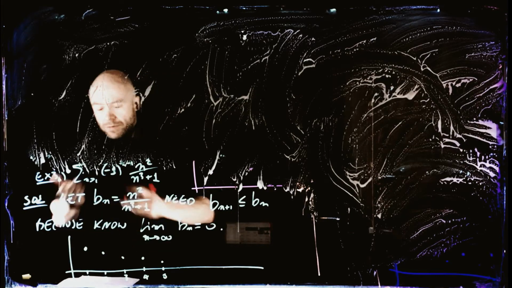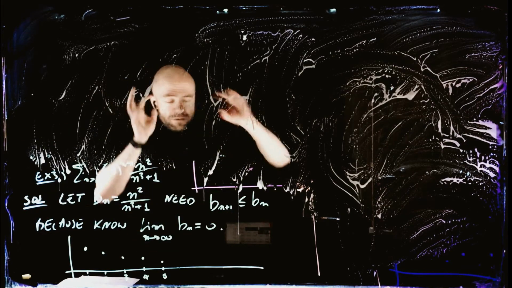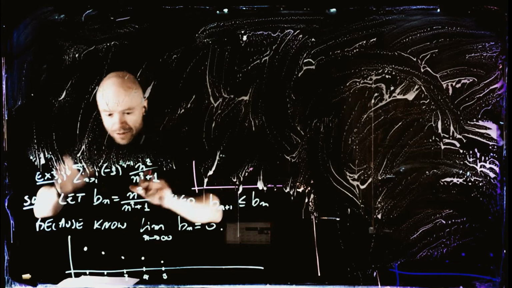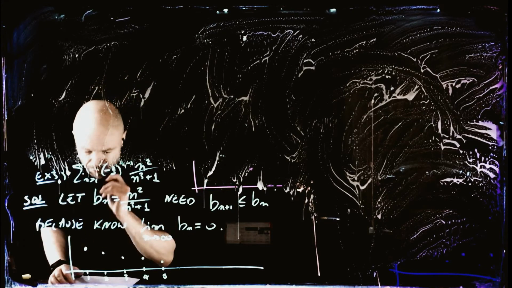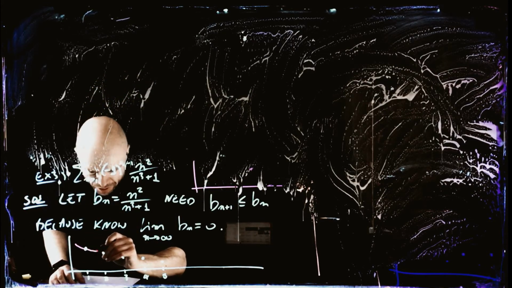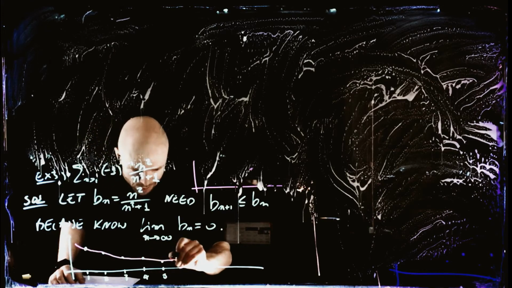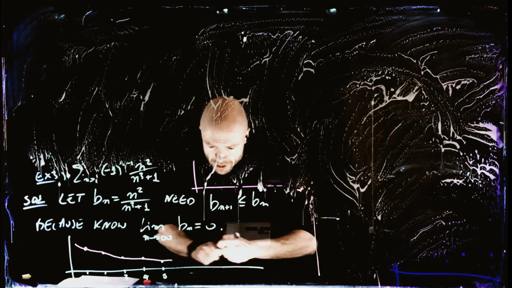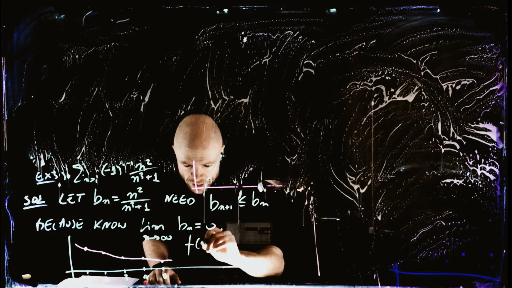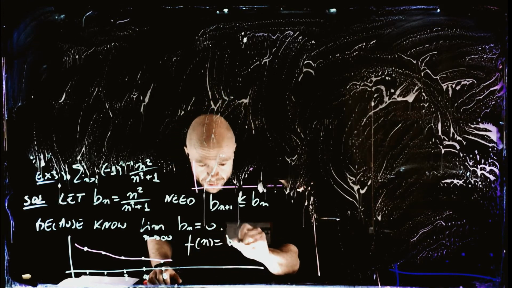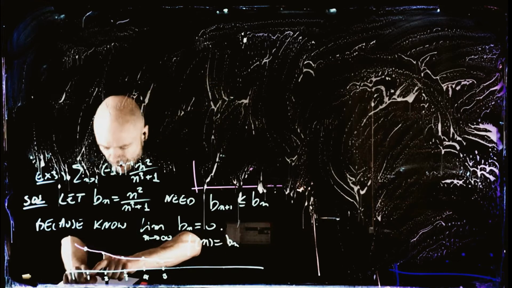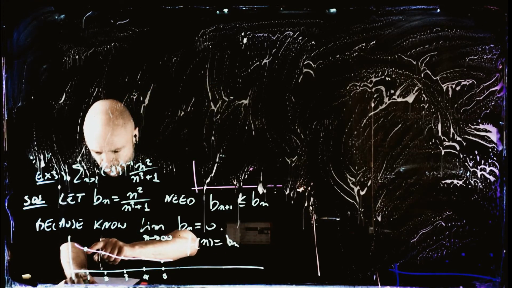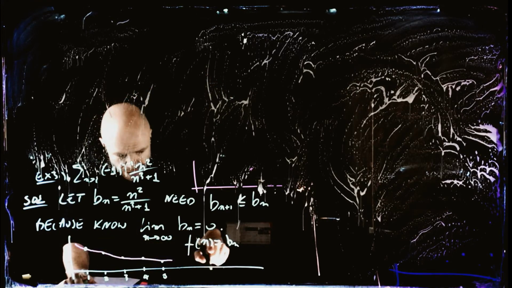We can't take the limit of f of x plus h minus f of x over h, there's no x involved in this. But we can find the function that recovers this sequence, which goes through all these points. In the language of maths, that's exactly asking for a function f such that f of n is equal to bn.